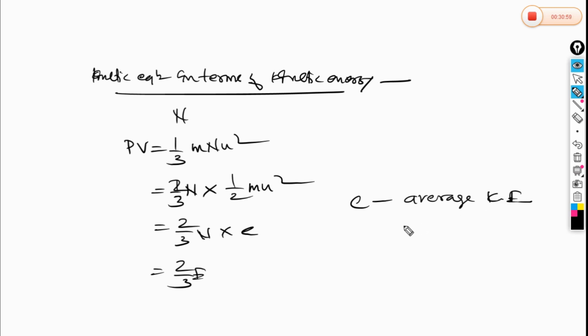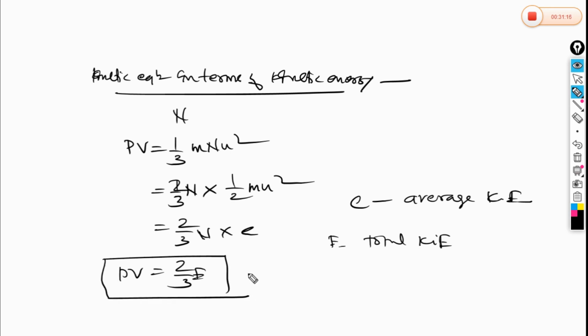of a single molecule, and E is the total kinetic energy of all the molecules. This equation is called the kinetic gas equation in terms of kinetic energy.